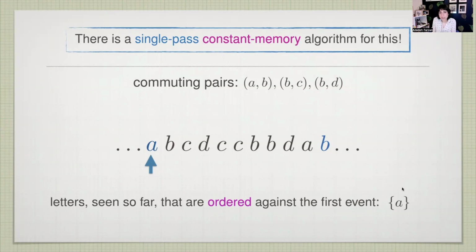Then I move on to the next event, and it's a B. Because B and A are independent, they commute, so I have no updates to make to this set. I haven't seen anything new that depends on this. I move on. Then I see the C. Now C is actually dependent on A. It doesn't commute with A. I observe that this C would be ordered with respect to that A, and I add it to this set. Then I see the D, same story.